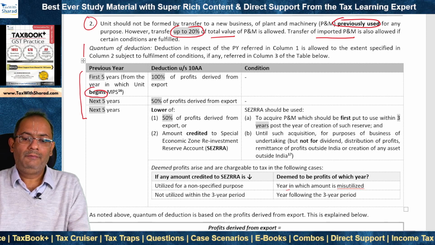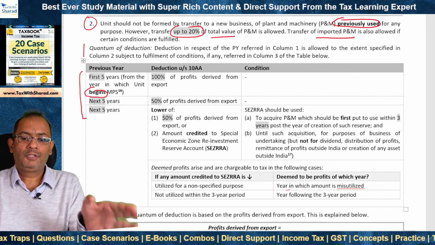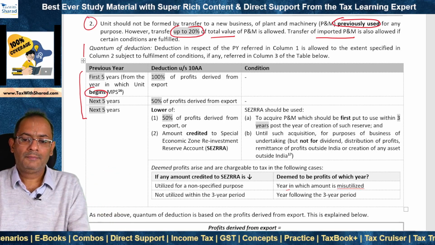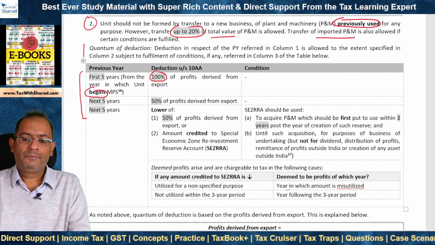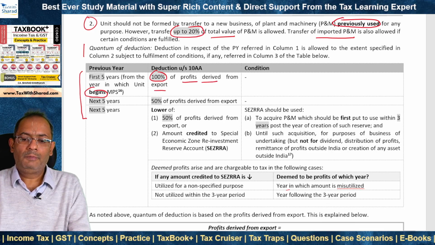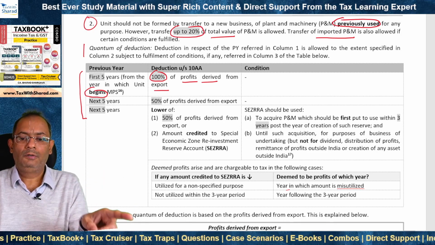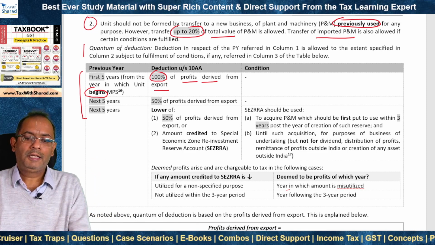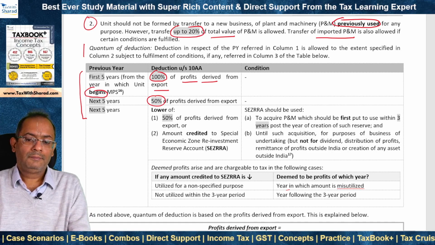So for the first 5 years, that is, the year in which the unit begins manufacture, production, or provision of services, plus the next 4 years, deduction is allowed to the extent of 100% of profits derived from exports. So export profits are eligible for deduction, and 100% of those profits is allowed as deduction in the first 5 years. For the next 5 years, the deduction is brought down from 100% to 50%.